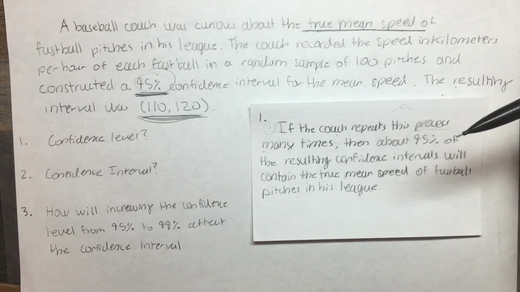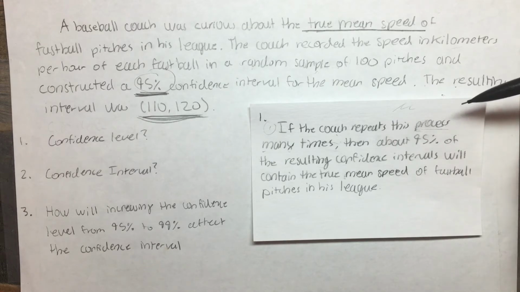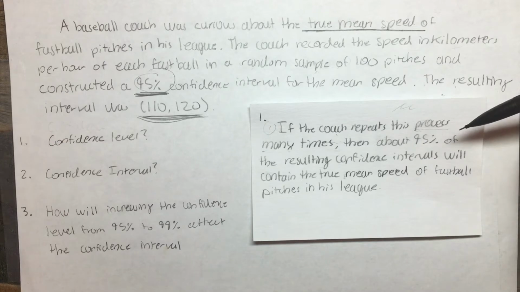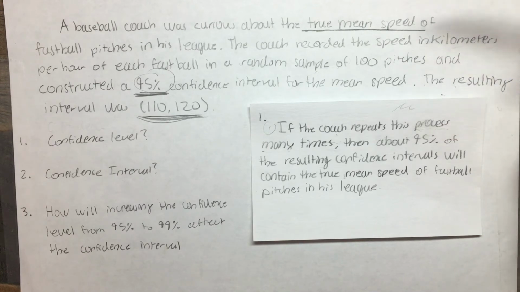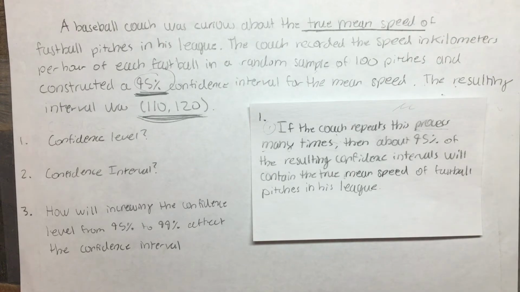And it could be that unlucky chance that the parameter of interest just so happens to not be within the resulting confidence interval, which is possible because it's not 100%. It's only 95%. So if you do this multiple times, your results are going to be more precise, and you're going to be able to get a better conclusion over the test. Okay, so if the coach repeats this process many times, check.